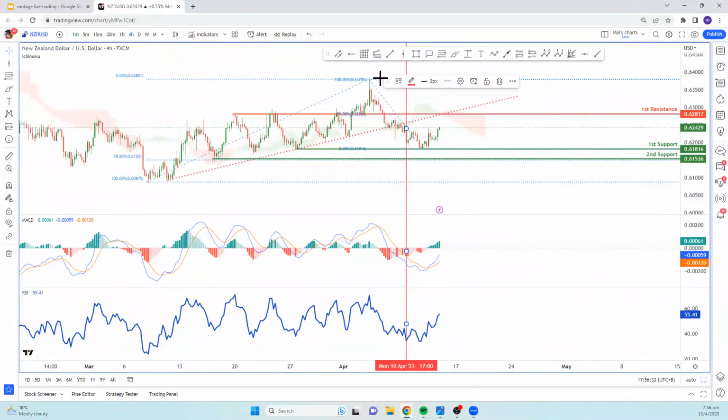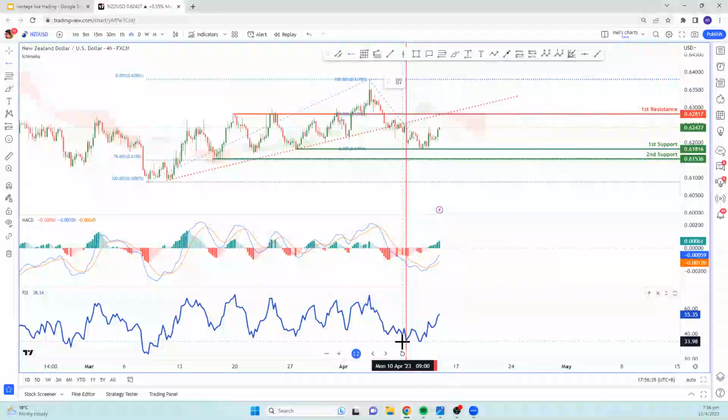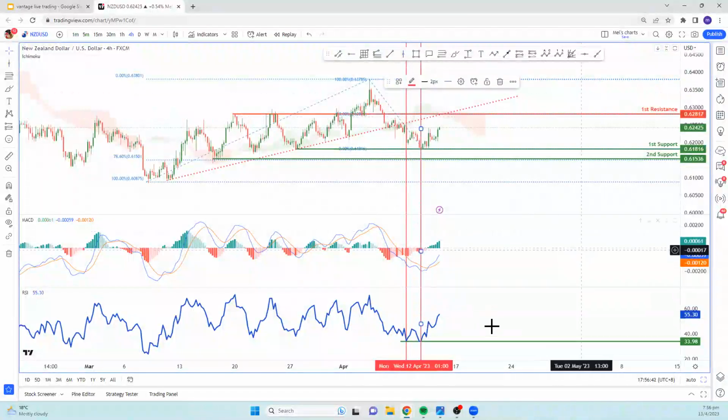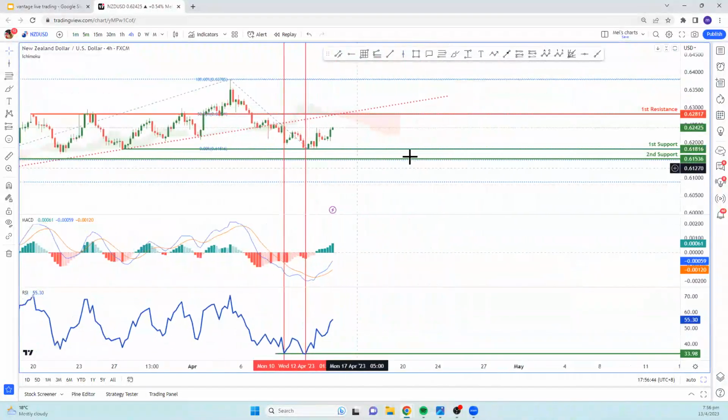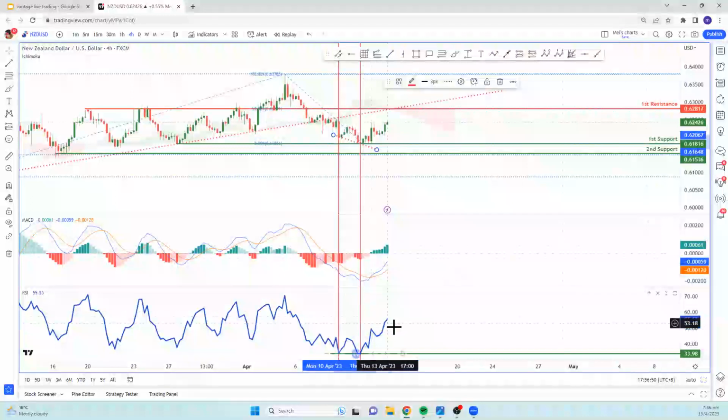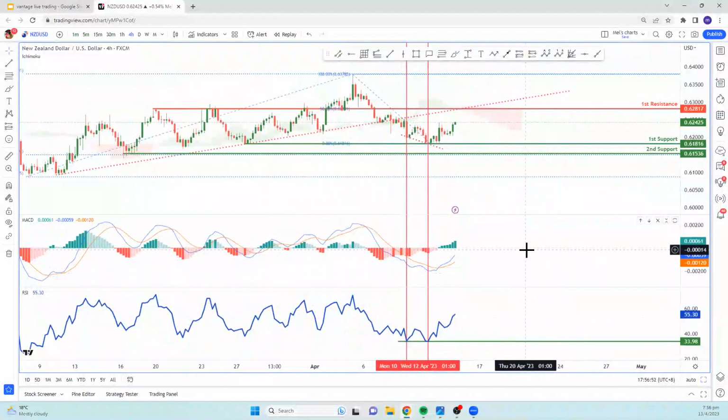Do we? Wait, let me just see if this is a horizontal line. Okay, so this is a horizontal line on our RSI chart, whereas on our price chart, price has made a lower low. So this is an example of a divergence once again.